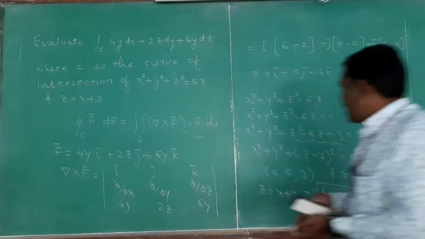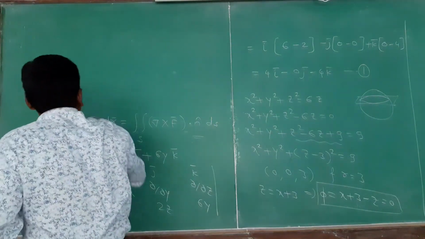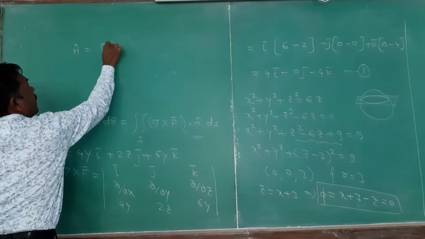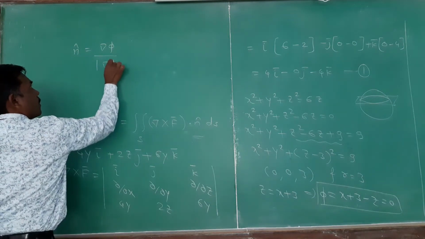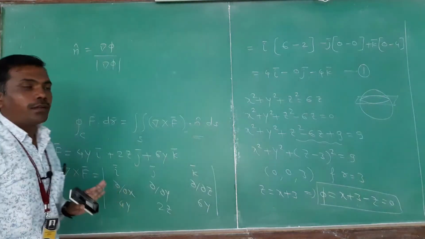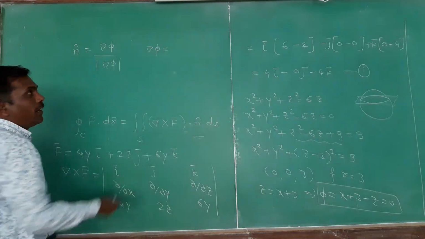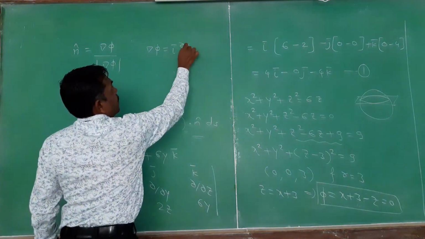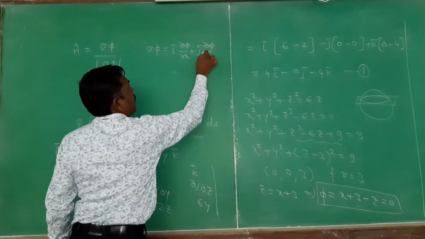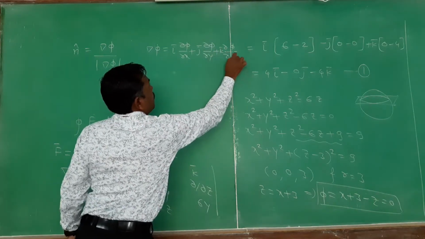Now n cap, as we know, is equal to del phi upon mod of del phi. So I require del phi and mod of del phi here. From vector differentiation, we know that del phi is i bar dou phi by dou x plus j bar dou phi by dou y plus k bar dou phi by dou z.